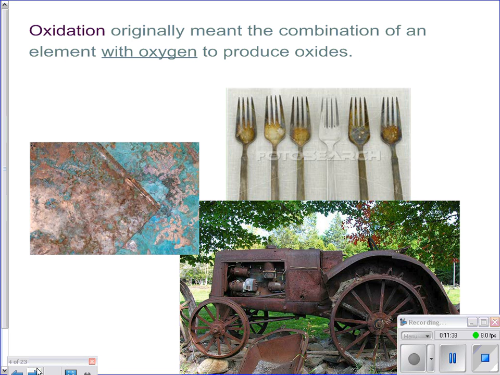For example, you might have this silver fork that combines with oxygen and you get a silver oxide, in other words, tarnish. Or here we have iron that combines with oxygen to get an iron oxide, also known as rust. Or here we have copper that combines with oxygen to get a copper oxide, also known as that patina that you see on copper. So all of that is the process of oxidation. These have all been oxidized.